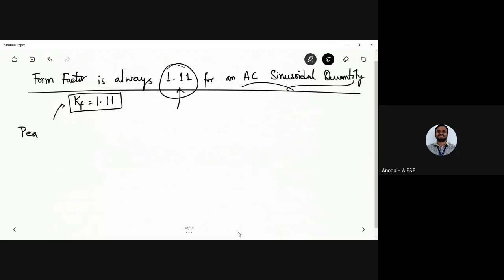Okay, so next, peak factor. The next one is the peak factor, that is kp.